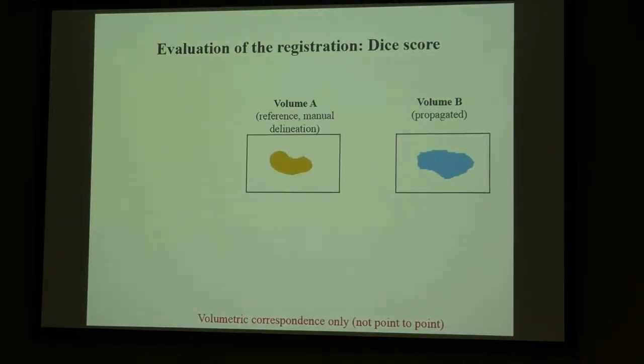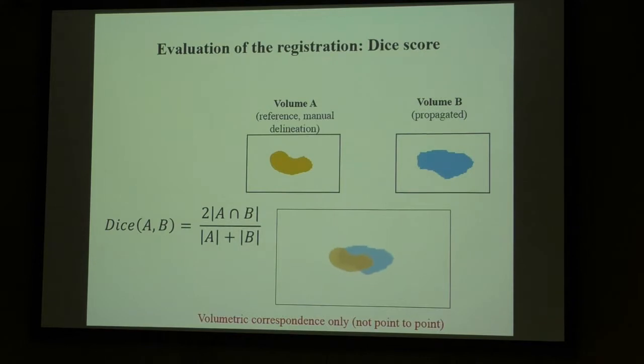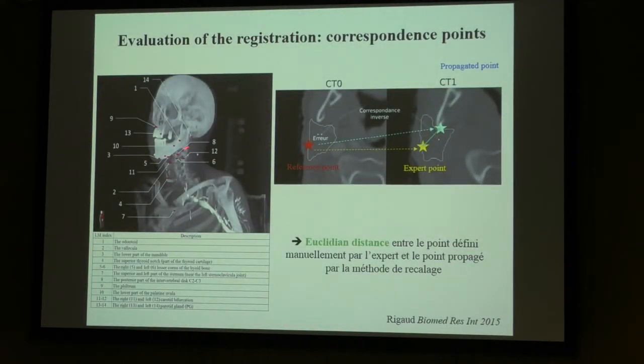So to estimate the accuracy of the elastic registration, the simplest way is to consider the Dice score. There are other scores like the Jaccard score and so on. And you can also consider reference points. You use your registration method, and you can quantify the distance between your registered point and your actual true point in the target image.